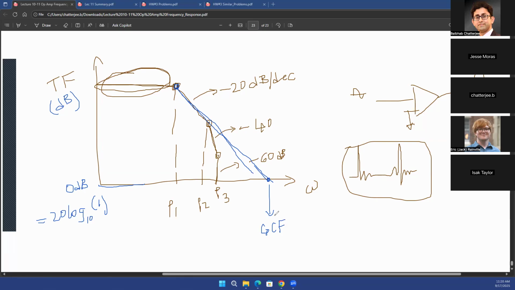Right now, you don't need to remember it. When we discuss op-amps, toward the later part of this course, we'll come back to this concept once again. So this is called gain crossover frequency, GCF. You also have a concept of unity gain bandwidth, and you also have a concept of gain bandwidth product.